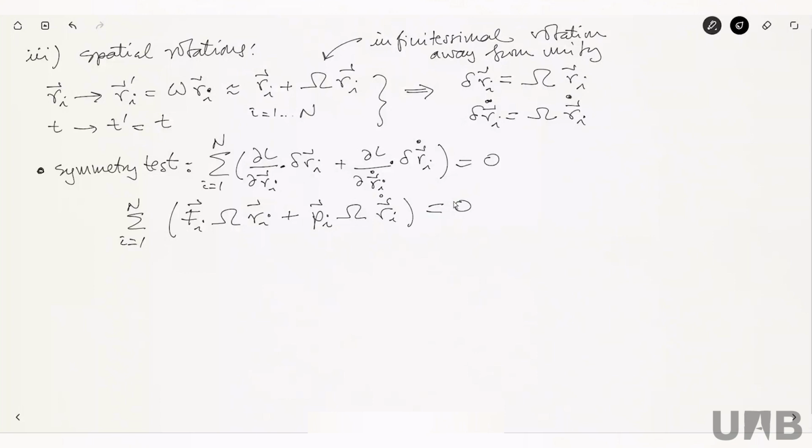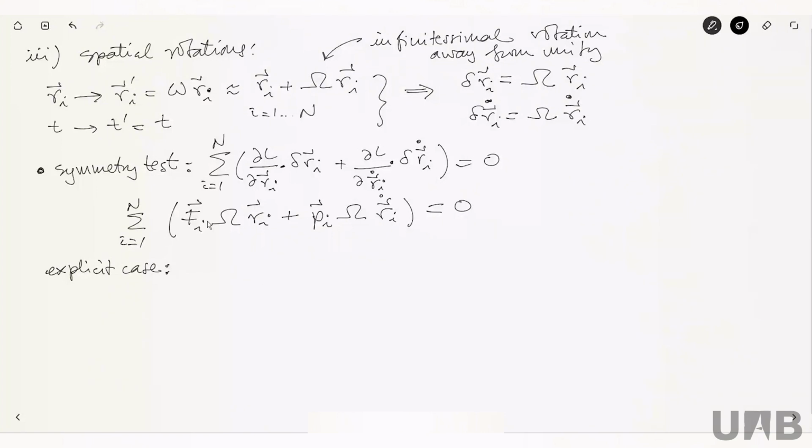Now, let's work out what the symmetry test says in one explicit case. So this is in general, right? But maybe this way doesn't look very familiar. And so let us look at what this condition is within an explicit case. So that means that I have to identify what this matrix omega is.